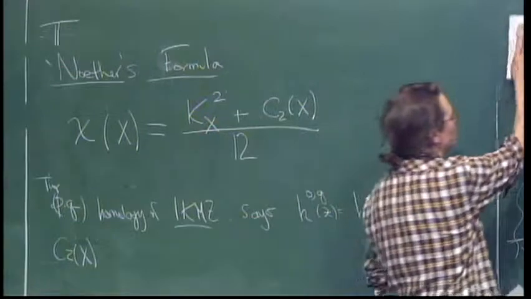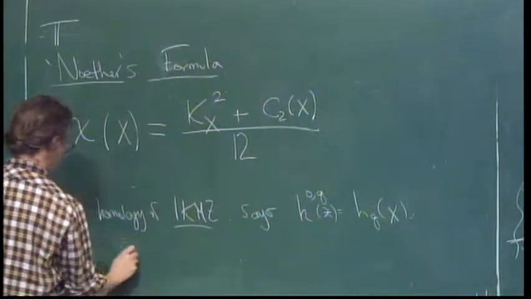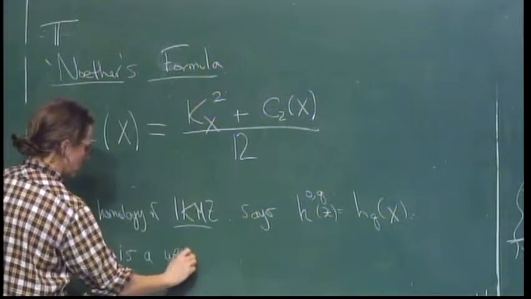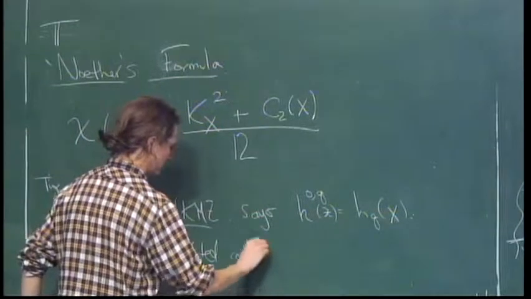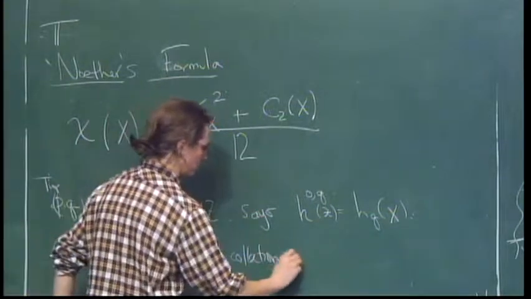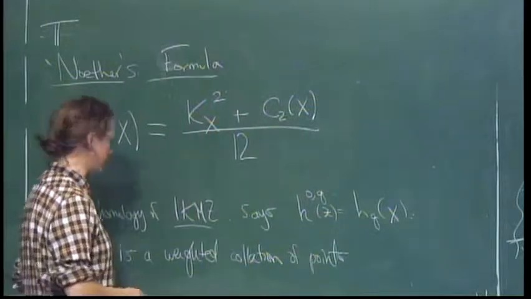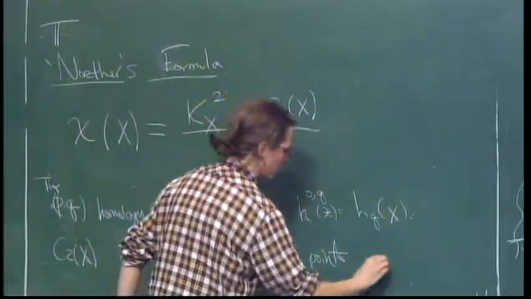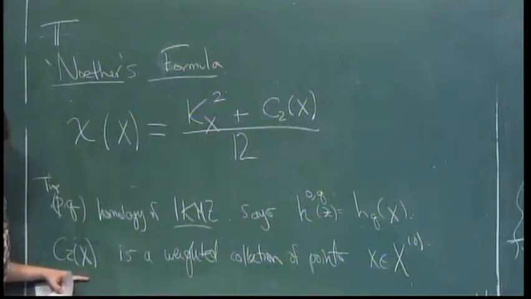And it turns out you can express this C2 as a weighted collection of points. It's a zero cycle, but we only really want the sum total, the degree of the zero cycle, that are in the zero skeleton of the surface. And this is a matroid invariant of the underlying matroid of the local model at that point. So this is plus or minus the beta invariant.